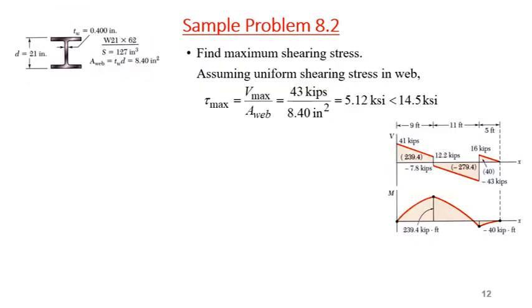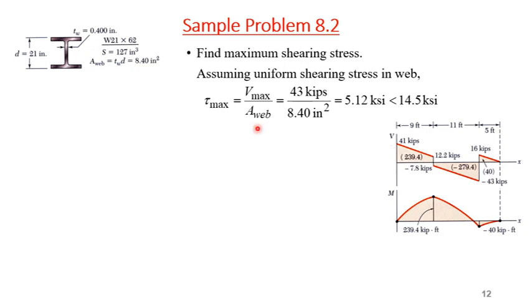Okay, now we have calculated the section modulus, and we identified that this is our beam. So we selected the beam W21 by 62 with a section modulus of 127, and these are the cross-sectional properties of the beam. Now we have to verify whether this beam will support the required allowable stresses or not.